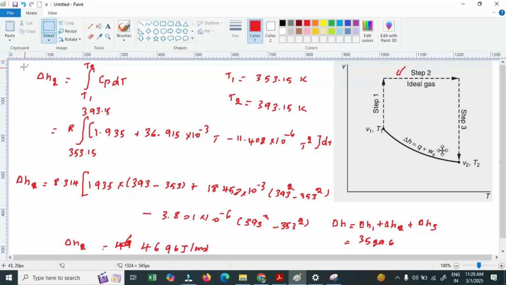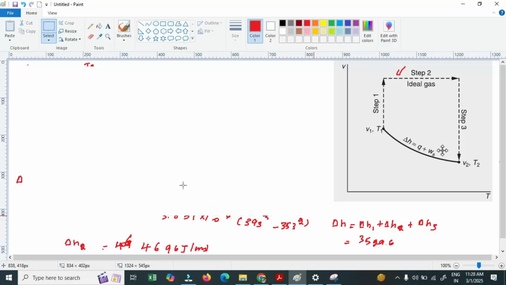Here del H equals Q plus W, and I want to know Q. That is del H minus W. My del H is 3529 minus my W, which in the problem is given as, I think, 2100 joule per mole. Yeah, 2100. I'll get the answer.